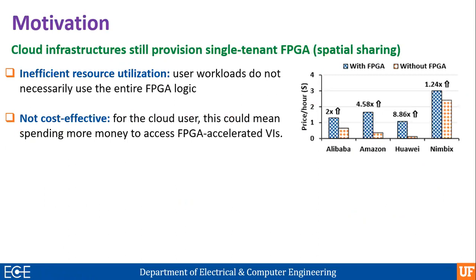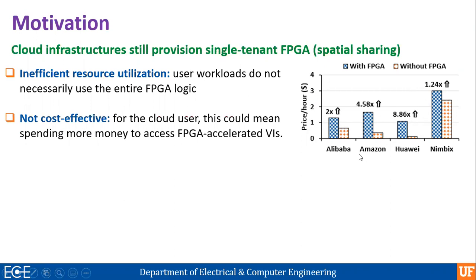Now, when we look at the global market and the cloud providers that are actually provisioning FPGAs, we observe that most of the deployments are still single tenant, and that can come with resource inefficiency because the FPGAs are not necessarily fully utilized by the cloud users. On the other hand, this may not be the most cost-effective solution.